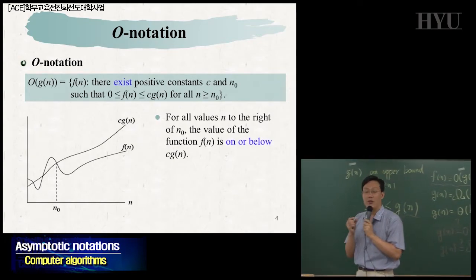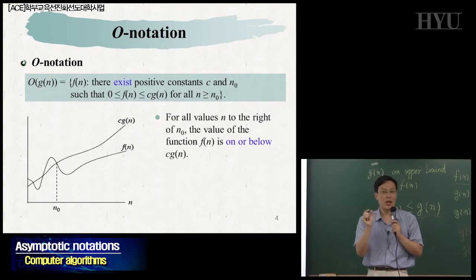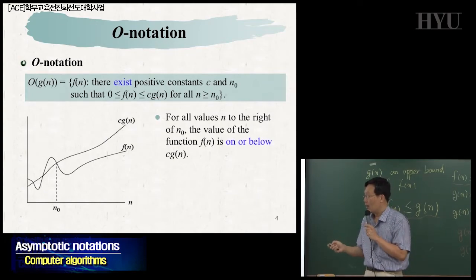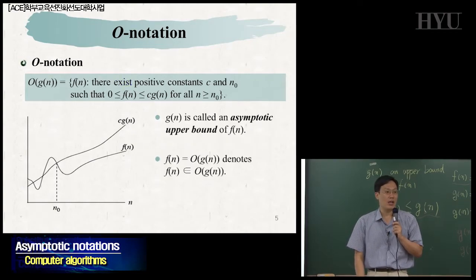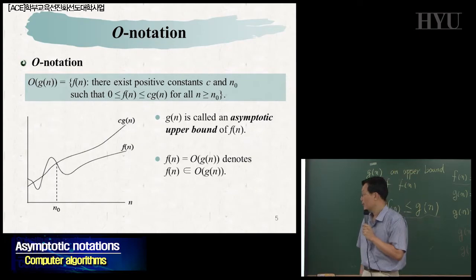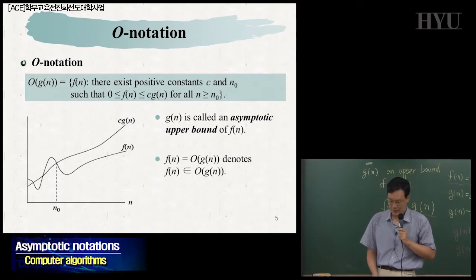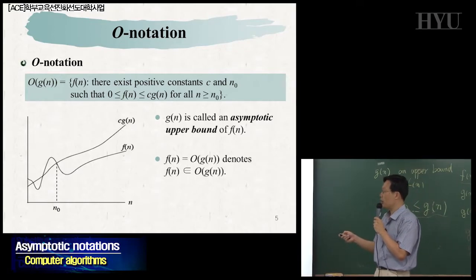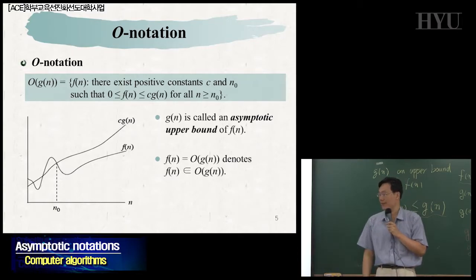So if we can find two constants, c and n0, then we can say f of n is big O of g of n. Then g of n is called an asymptotic upper bound of f of n.